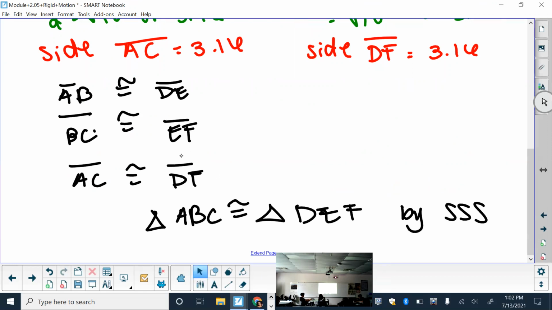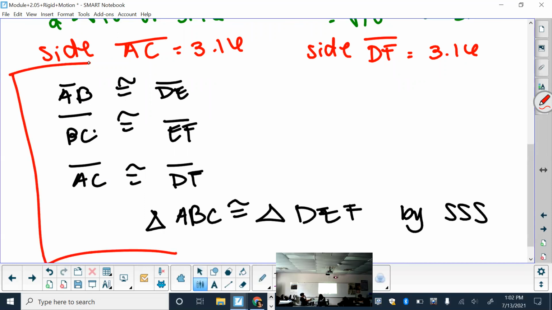All right, so these symbols, make sure you know how to read them. You'll see them on your quiz. Any questions?